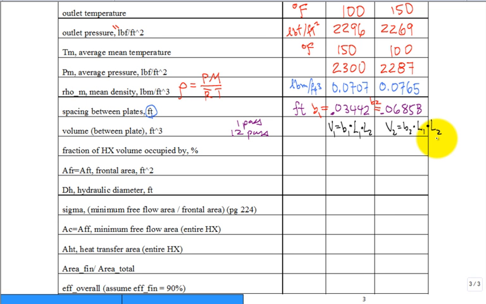Now, if you wanted to, you could calculate the total volume for the fluid passage 1, just multiply that by 12. The next line, what is the fraction of the heat exchanger volume that's occupied by the wavy for fluid 1 to pass through, and then the 9.03 for the second fluid to pass through? What is that fraction of the heat exchanger volume?